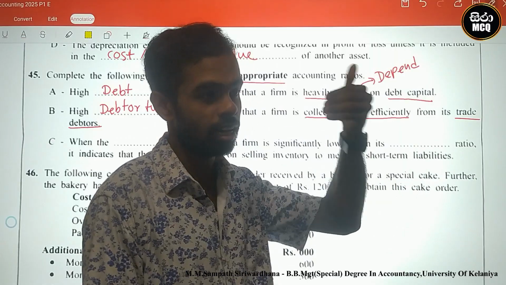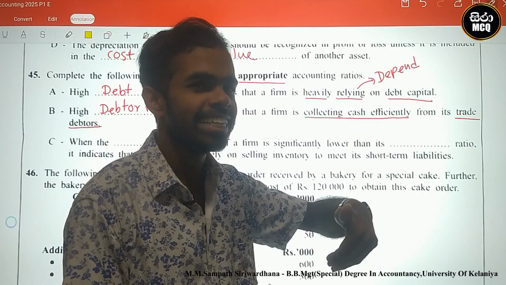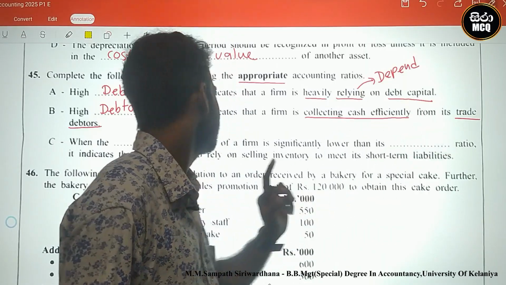Why? The turnover ratio is higher, he comes to the business again and again, and we can collect the cash from the trade debtors again and again.